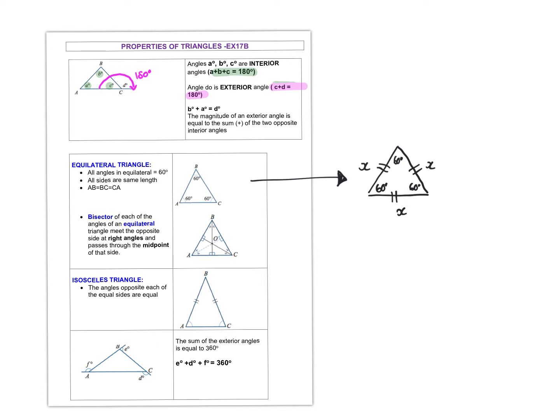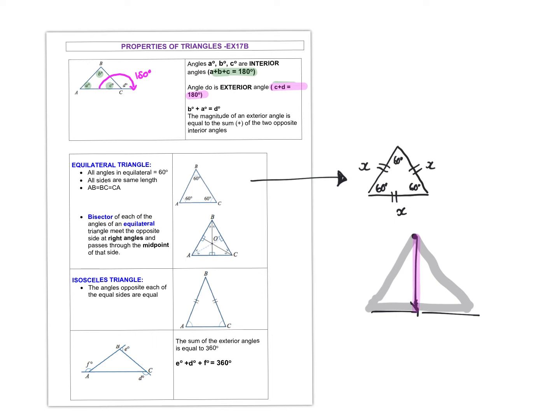Okay, the next one, this bisector. What they're saying here is the bisector of each angle. What a bisector is, I'll draw it out for you. If you have a triangle, a bisector is when you go from one tip straight down, and you're breaking the angle exactly in half, yeah? So this line here is called a bisector.